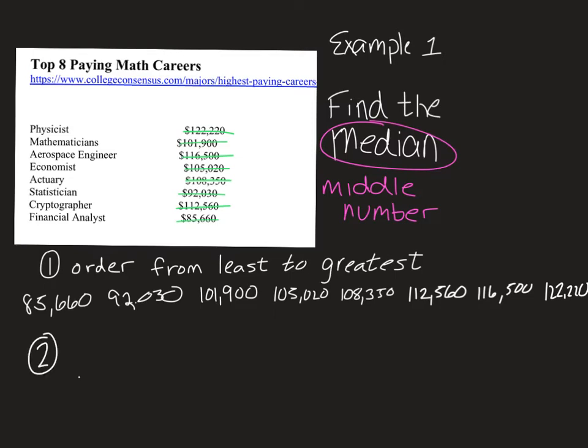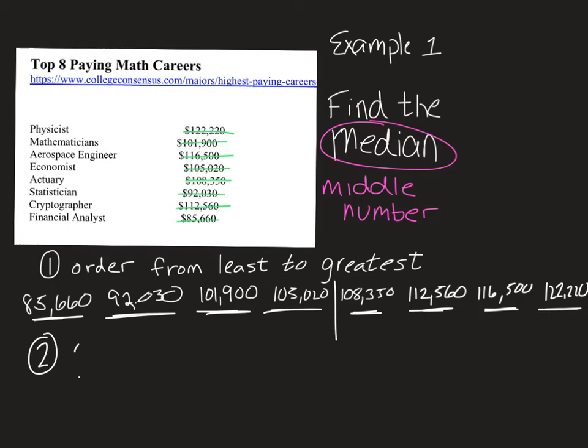So I've got 1, 2, 3, 4 numbers, and then 1, 2, 3, 4 numbers. So it's half and half, right? There's not actually one median in the middle.